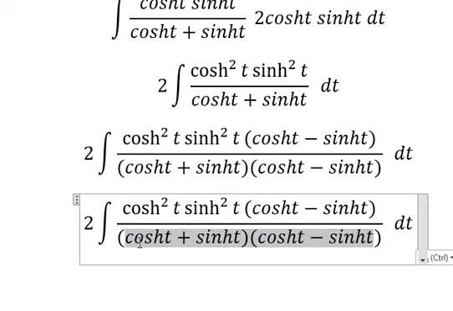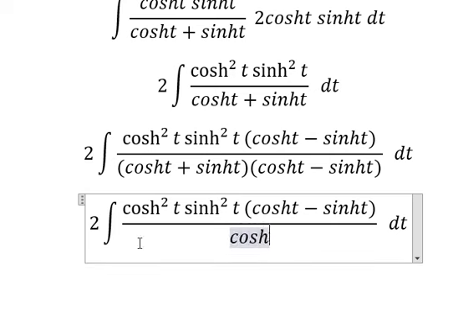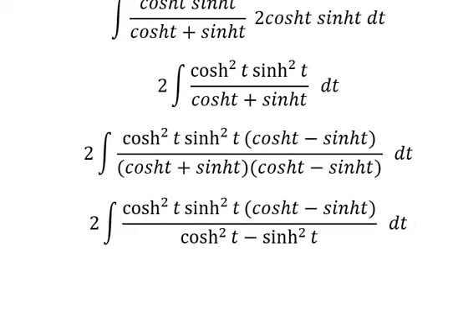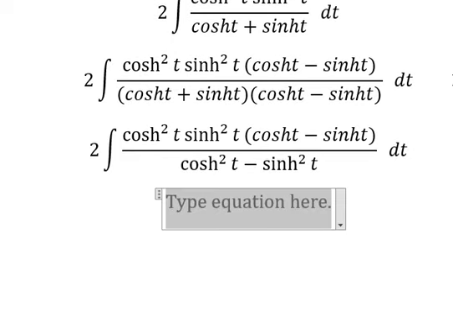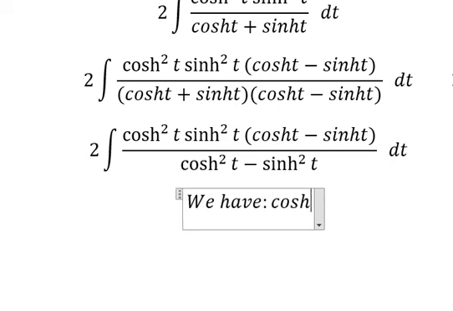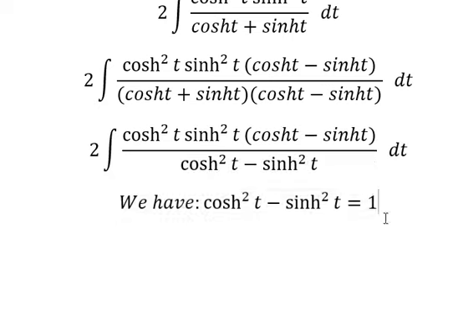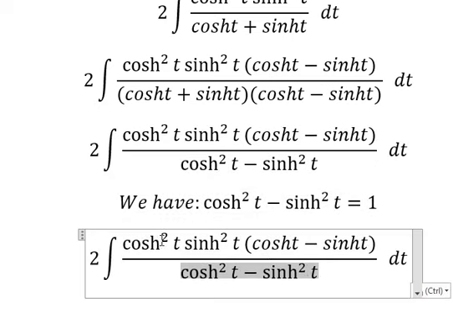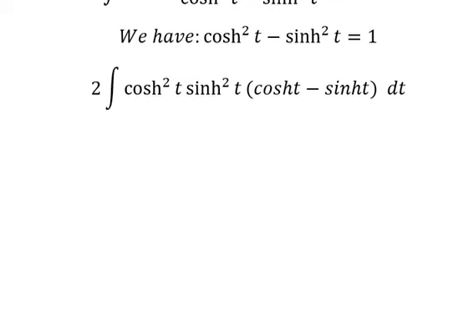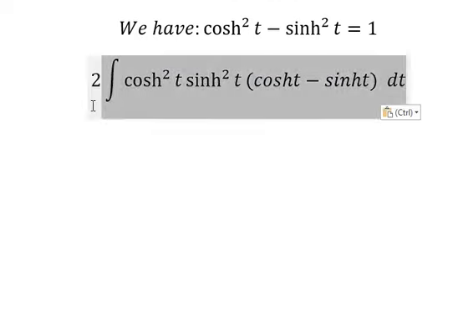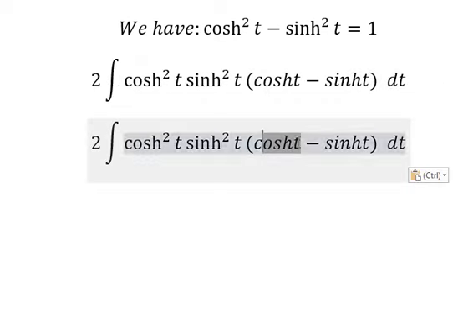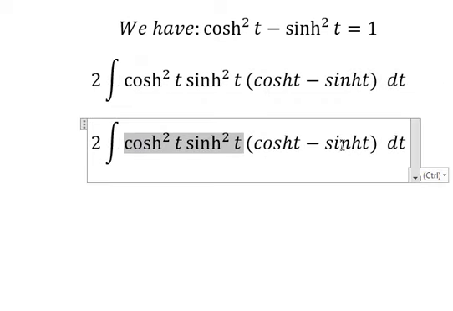So this one is cos t square minus sin t square. So we have the formula in here. And now we need to transform this one into number 1. Next, this one multiplied by this one, and this one multiplied by this one. So we have like this.